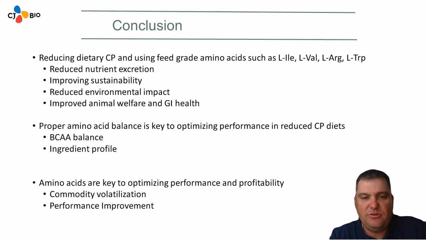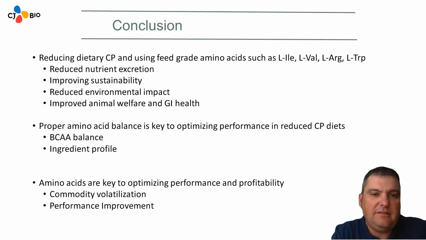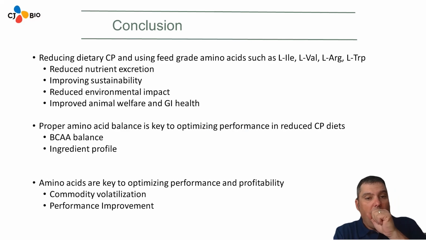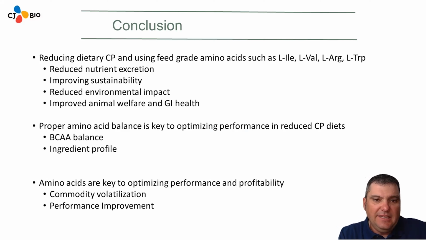It can assist producers to reduce nutrient excretion, improve the sustainability of our industry, reduce the environmental impact that we have, and improve the environment within the house for the animals, from a reduction in nitrogen output, reduction in ammonia production, reduction in litter moisture, improve our gastrointestinal health, and improve the animal welfare pulse scores as well. It's key to remember that proper amino acid balance is the key to optimizing performance in reduced crude protein diets.